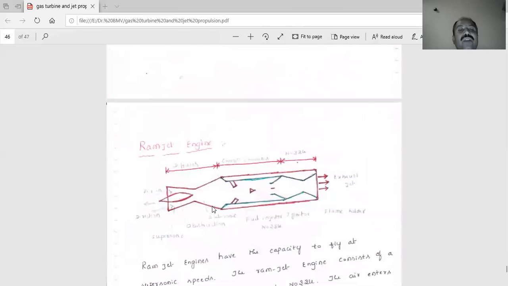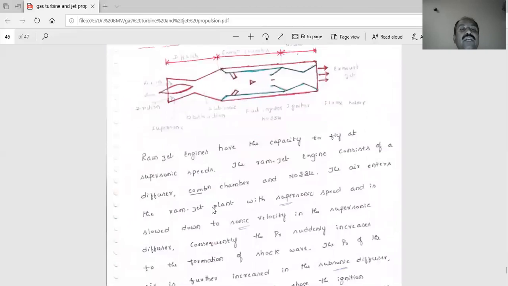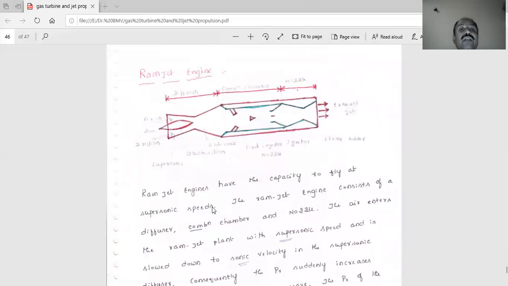Then another one is the ramjet engine. This is a very important thing. Ramjet engines have the capacity to fly at supersonic speeds. In such aircraft applications, we are using this ramjet engine. The ramjet engine consists of a diffuser, combustion chamber and nozzle. Before the combustion chamber, there is a diffuser.